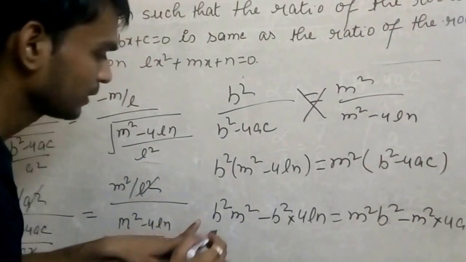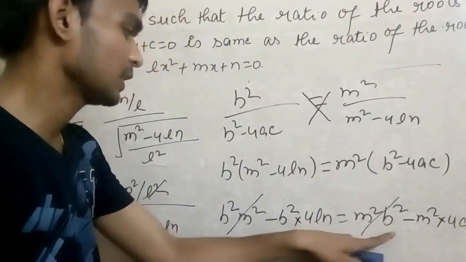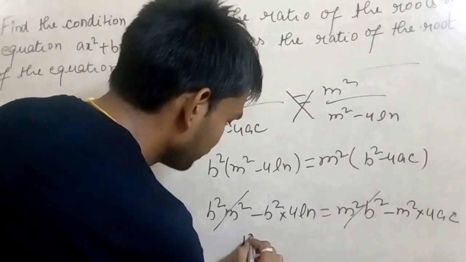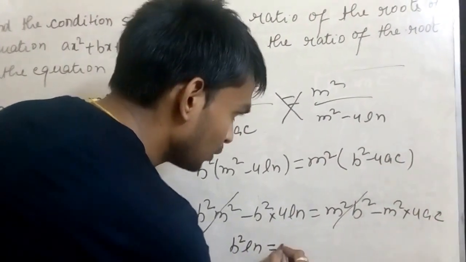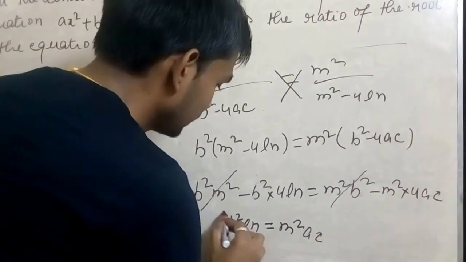So from here b square m square and m square b square cancel out because these two are equal. Then from here we get b square ln equal to m square ac.